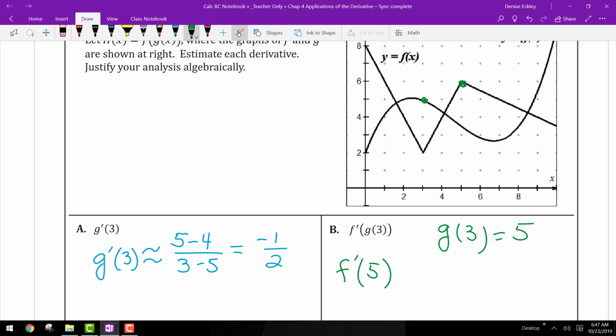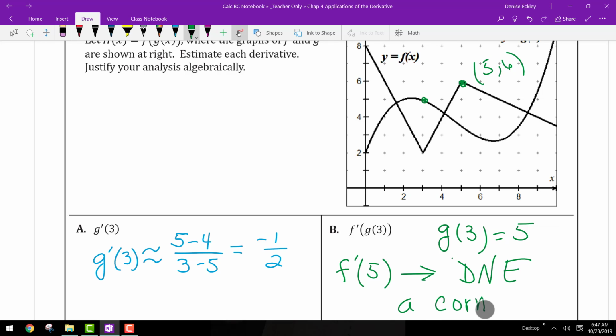Right there, so this point is 5, 6. And hopefully most of you have noticed at this point that we're at a cusp. So f prime of 5 does not exist because it's a corner or a cusp. We have a sharp turn there, so that derivative doesn't even exist. Okay, so next one.